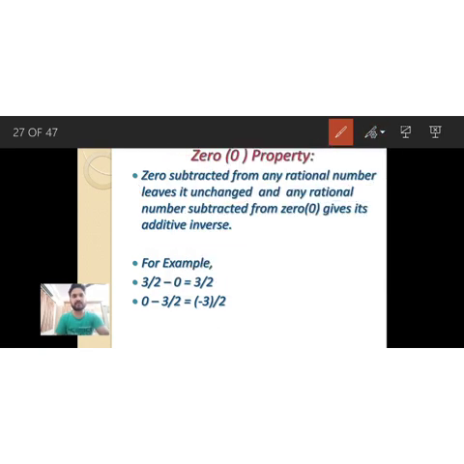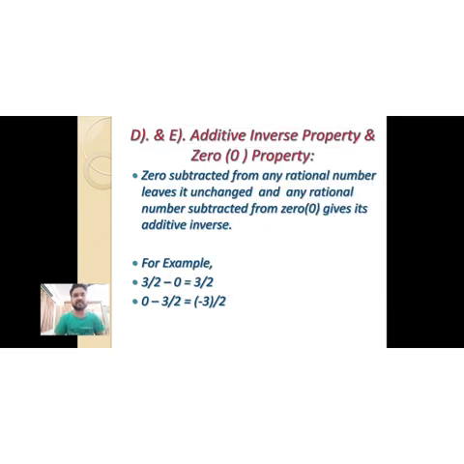Okay, 0 minus 1 by 2, the answer is minus 1 by 2. This sign is always with the rational number. So this is the combination of the additive inverse property and the zero property of subtraction of a rational number.